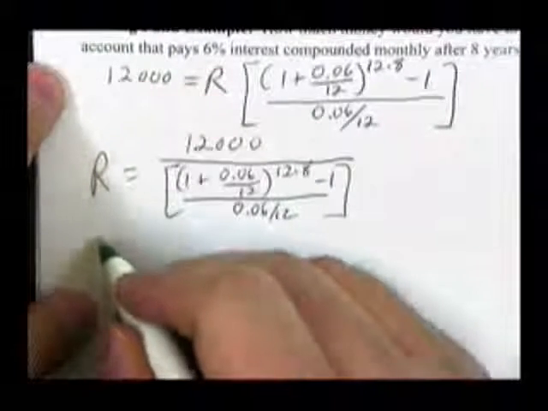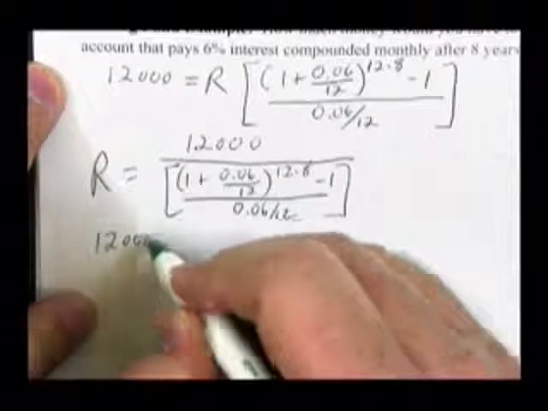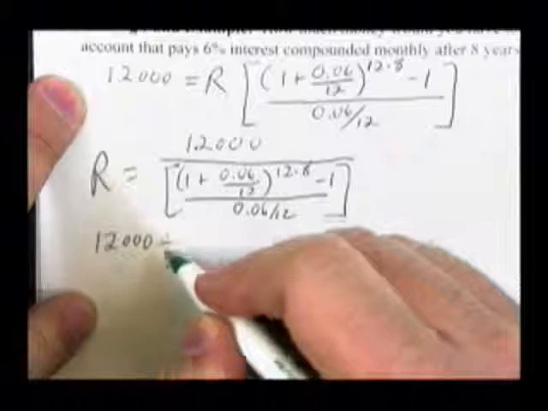And again, we just write how we would do that. We'd say 12,000 divided by, and now I need all these parentheses.